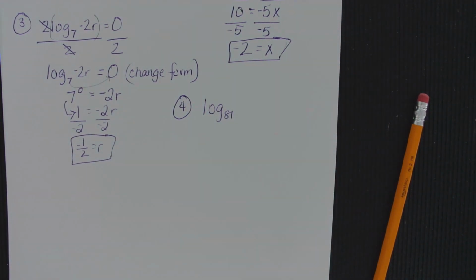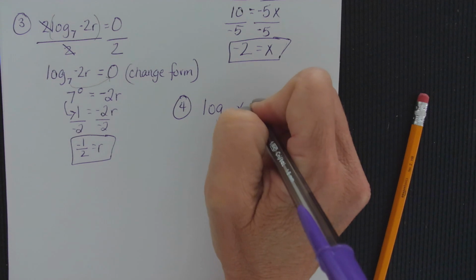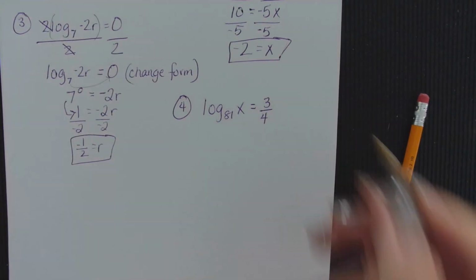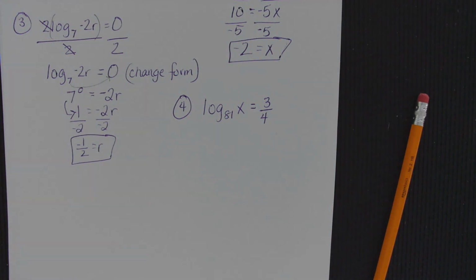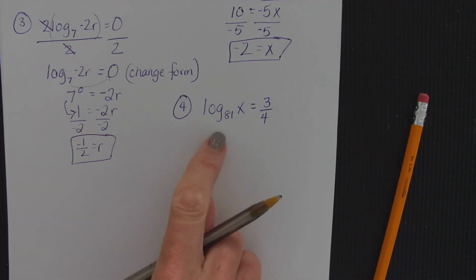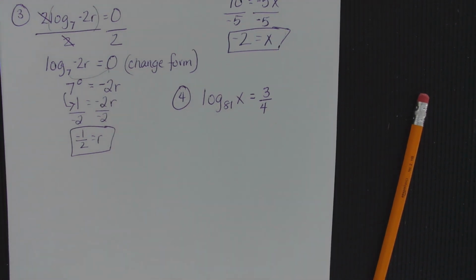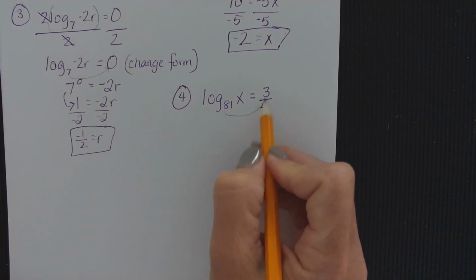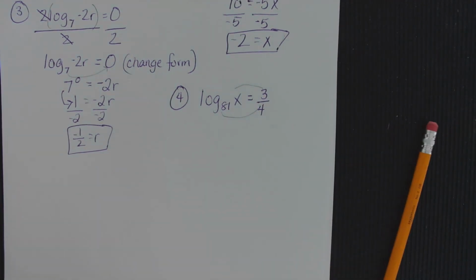Okay. Look at that. Jenny, what form is this in? Number 4. Log form. All right, I want you to put this in exponential form. So you're going to carry that 81. Remember, you go new, and then you go new.